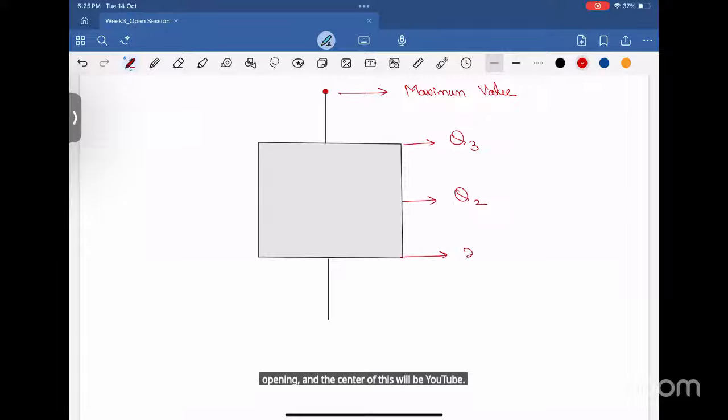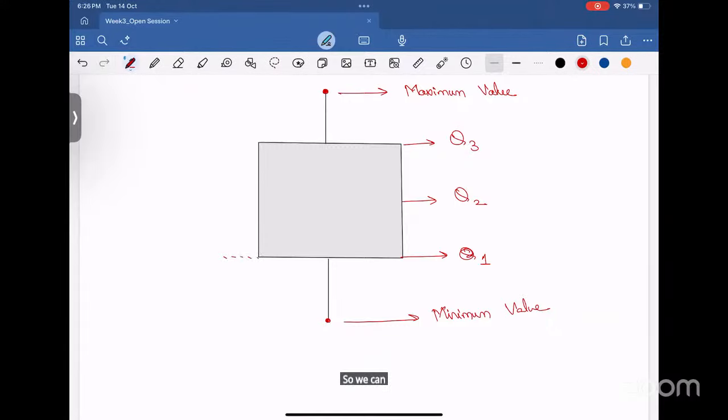This is Q1, and this will be the minimum value. Once you know this, the 8th question is about the first quartile value, which is Q1. We can approximately see this value; in this case, based on the options, it will be 19.